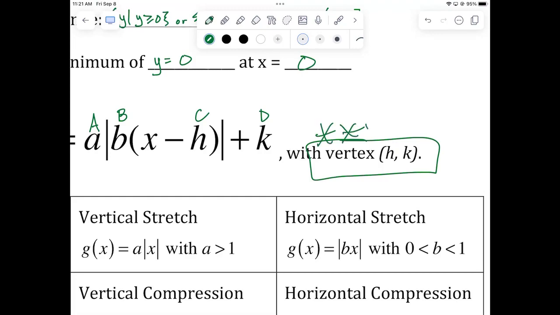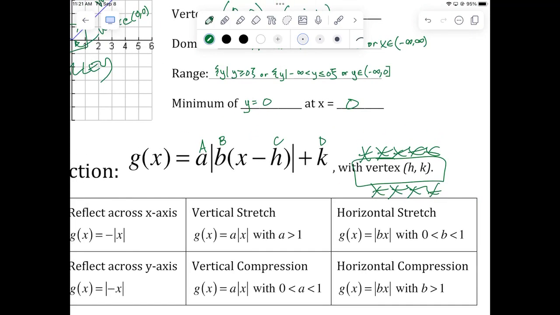Standard transformation form. Again with x squared. The c and the d.